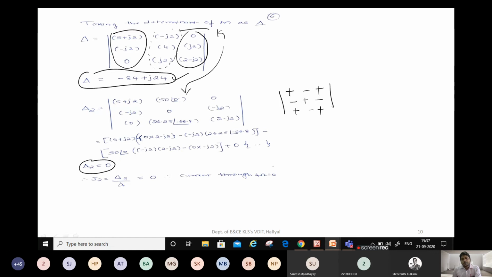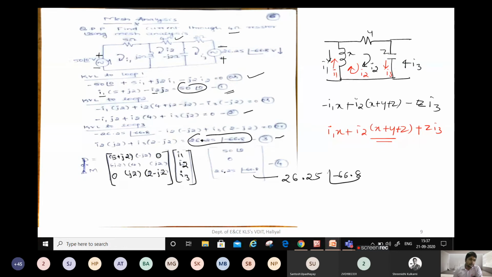If they put one more question, write the equivalent value of that, then zero current means you have to remove this 4 ohm resistor and just include all the other elements. Sometimes they may ask you to find the value of the current which makes the current through the 4 ohm resistor 0.